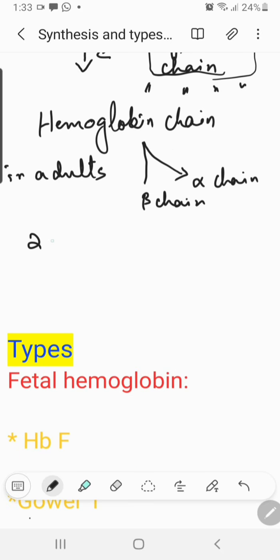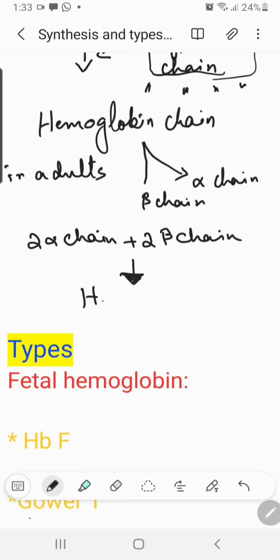Whether it is the alpha or the beta chain depends on the polypeptide chain that has combined with the heme molecule. So in an adult hemoglobin molecule, two alpha and two beta chains combine together and give rise to hemoglobin A1. So that was it for the synthesis.